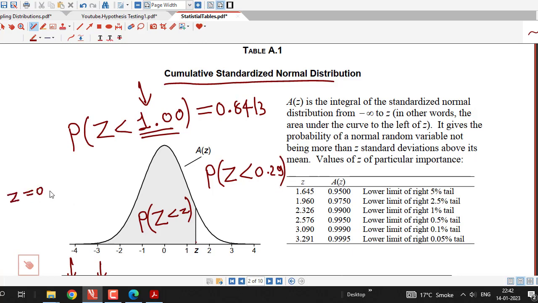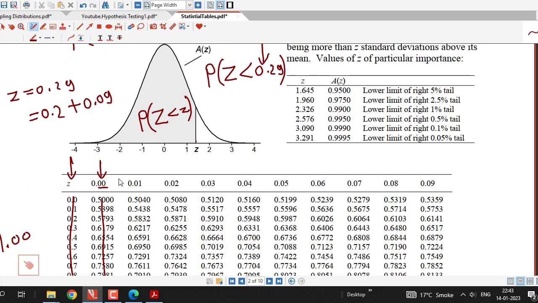Another probability we are interested in is probability that Z is less than 0.29. This I can write as 0.2 plus 0.09. I have to write in this way, because you can see here I have 0.01, 0.02 up to 0.09. So 0.29 is written as addition of 0.2 and 0.09.